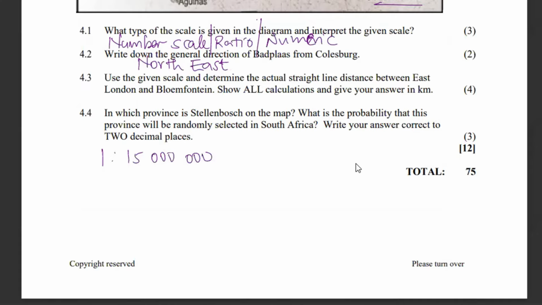What about if I have 60? So it will be 60 times 15 million.